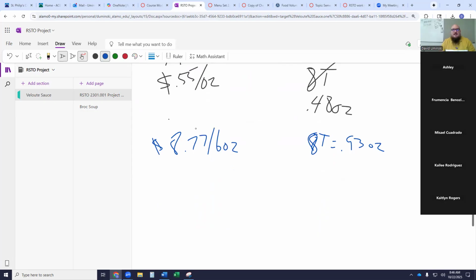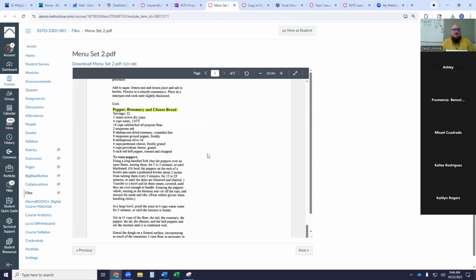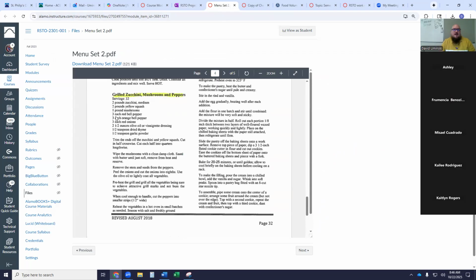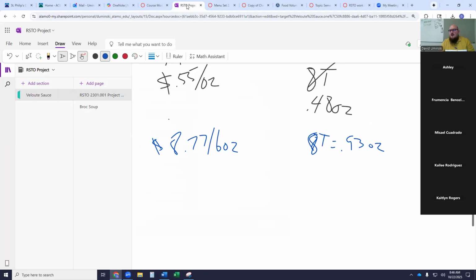All right, bell peppers, Caitlin, let's talk about those, which we're talking about the grilled zucchini, mushroom, and peppers. Okay, so this is where going from AP to recipe, and we're looking at red bell peppers.